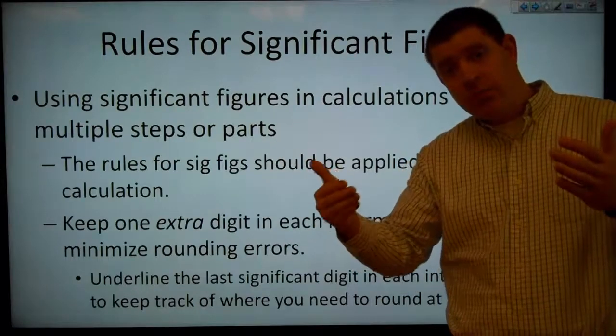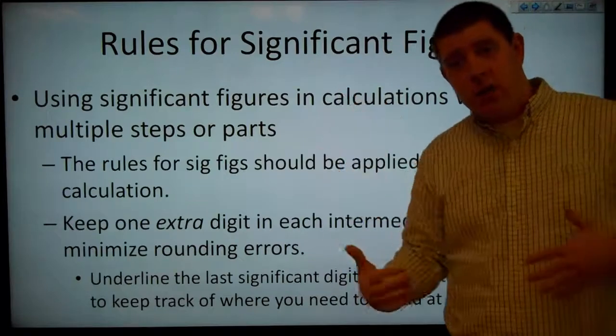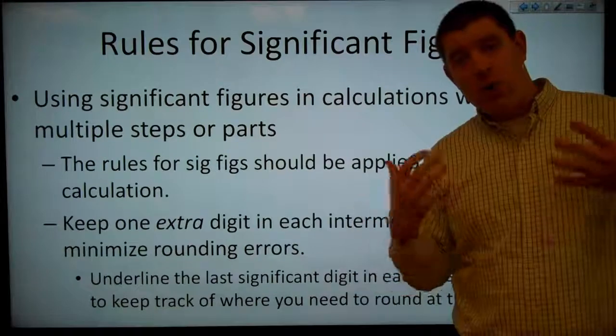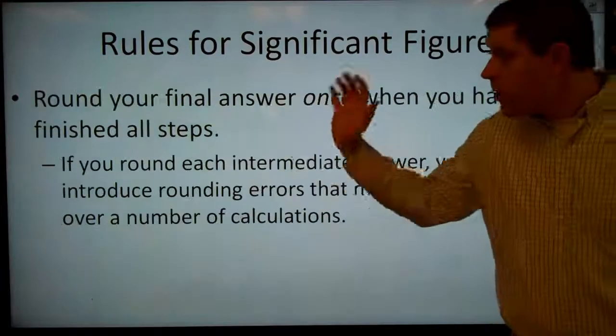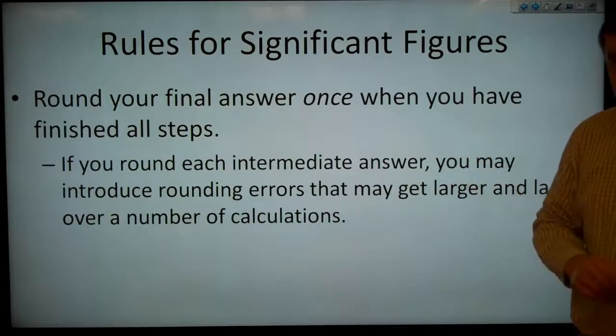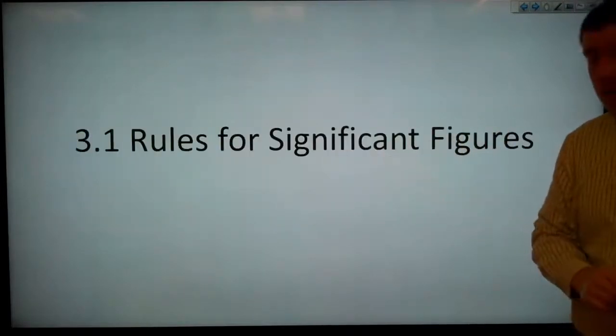Now you're doing a calculation based on the rounded answer, and what you should instead do is perform all of your calculations and then round once, only at the end. Round your final answer once when you've finished all your steps. Don't round each intermediate answer. That was the rules for significant figures.